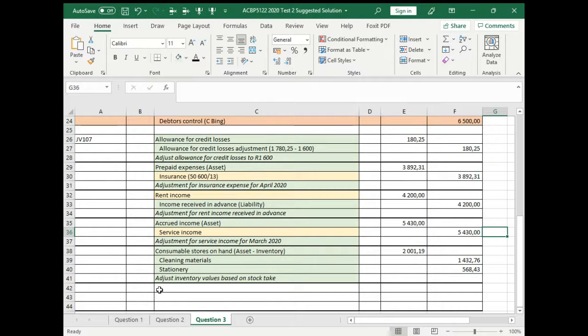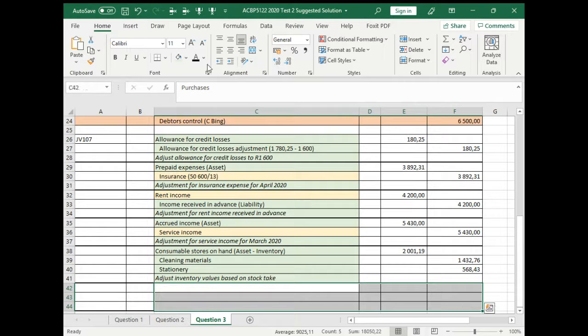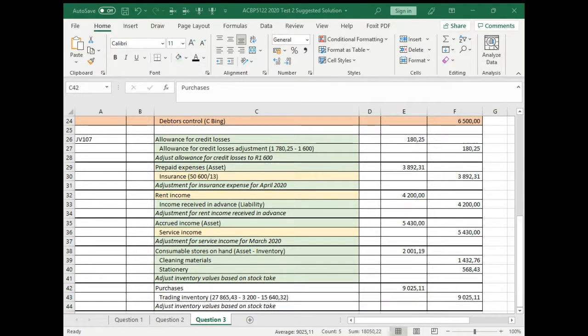But what else still needs to be taken into consideration is that the balance that they've shown in our trial balance has not taken into account the inventory that was taken by our owner. So all of those transactions and the stock take all occurred at the same time.